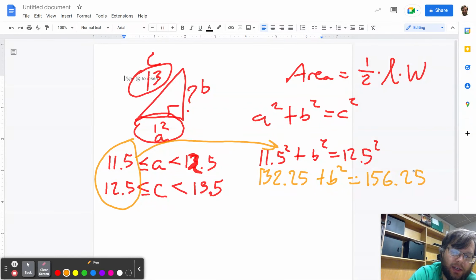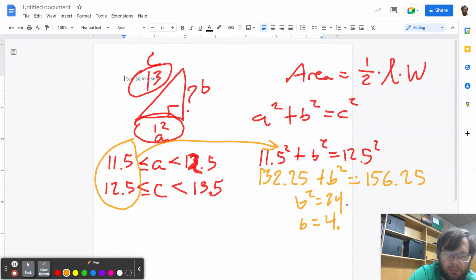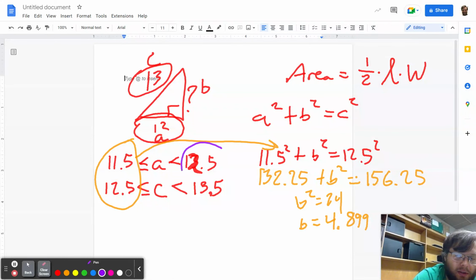So I subtract 132.25 from that, and I get b squared is 24. So the square root of 24 is 4.899. Then I can repeat the same process using the upper bounds.